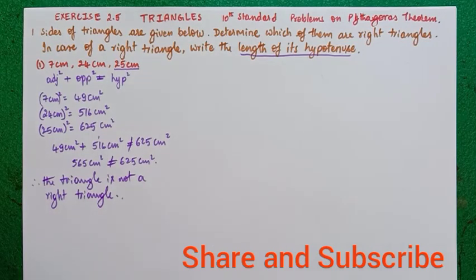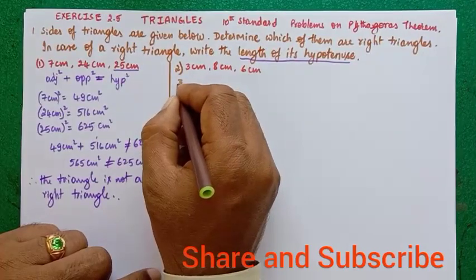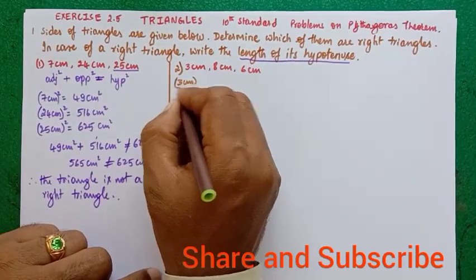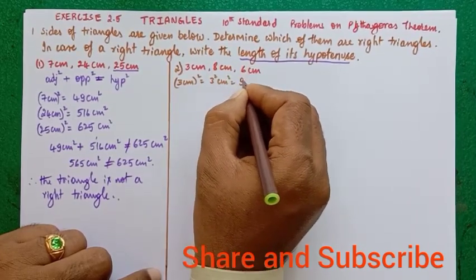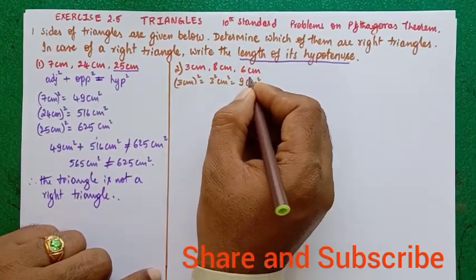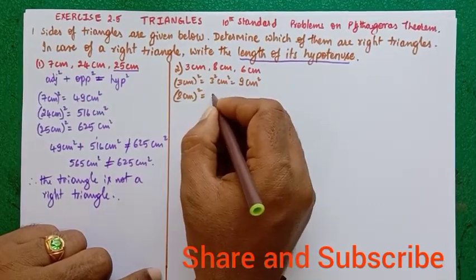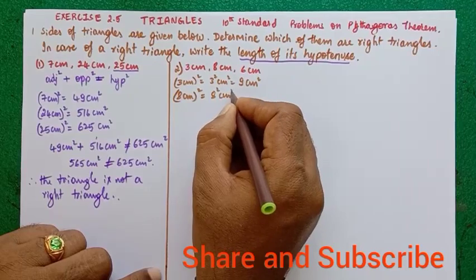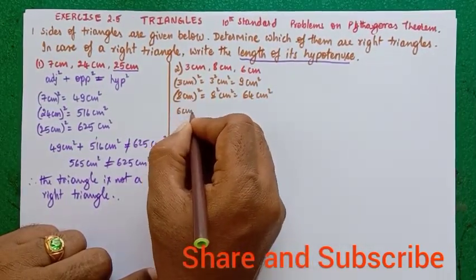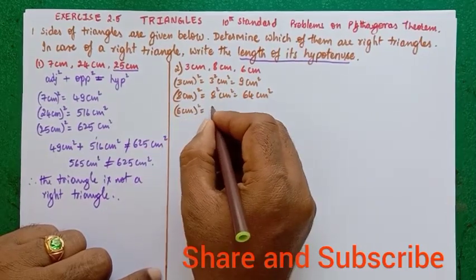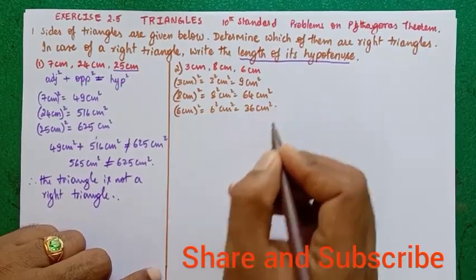Next, let us move on to the next problem. Here 3 centimeter whole square is equal to 9 centimeter square. That's right. Likewise 8 centimeter whole square is equal to 64 centimeter square. 6 centimeter whole square is equal to 36 centimeter square.